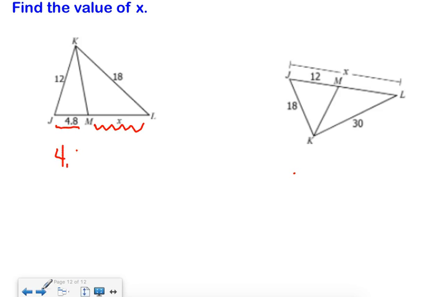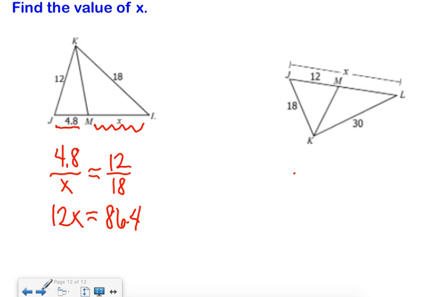So 4.8 over x. And come back to the left, right? 12 over 18. And when you divide out, we should get 7.2. Perfect.